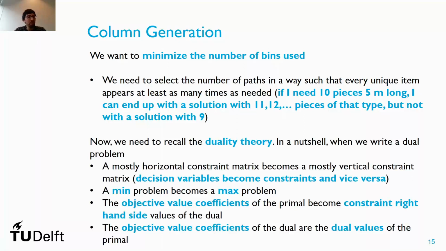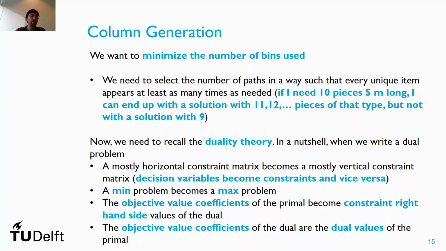Now we need to recall duality theory. So again, in a nutshell, if our primal problem, so this problem, is mostly horizontal, then the dual will become mostly vertical in terms of constraint matrix. A minimization problem becomes a maximization problem.